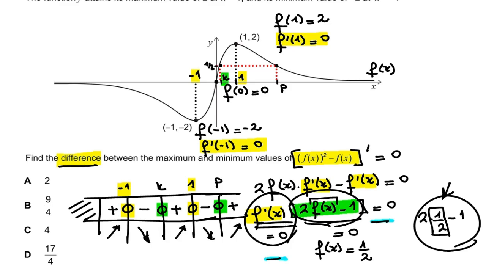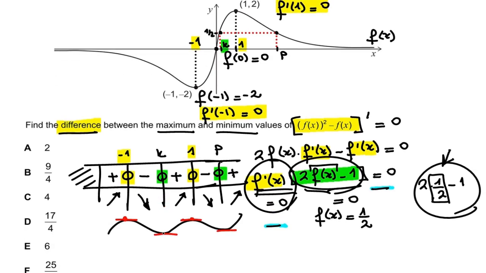The graph looks roughly like this. It asks for the difference between the maximum and minimum values. There's a local max and 2 local mins. While I was wondering which max and which min it was asking about, my guess is that the values in this one and this one will be the same. The values in this one and this one will also turn out to be the same.